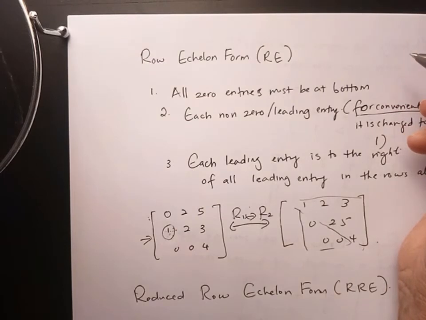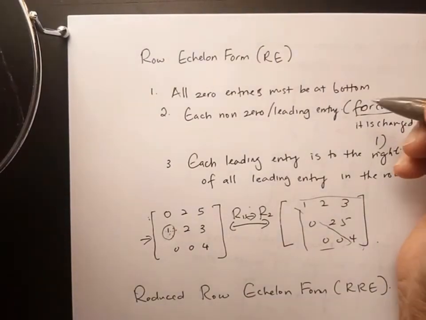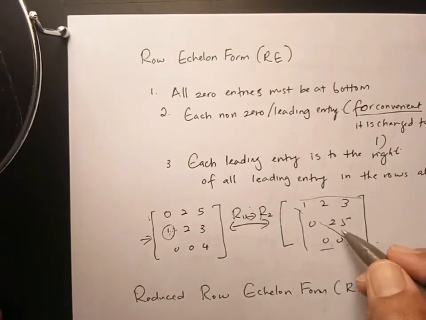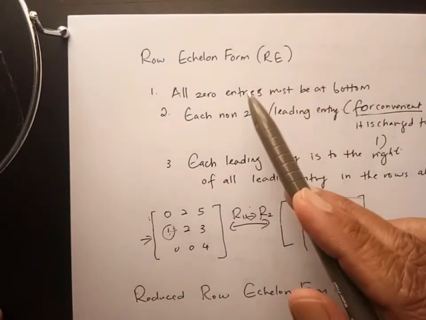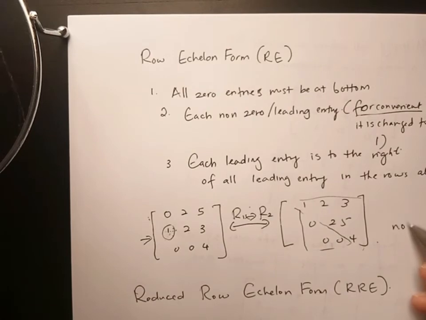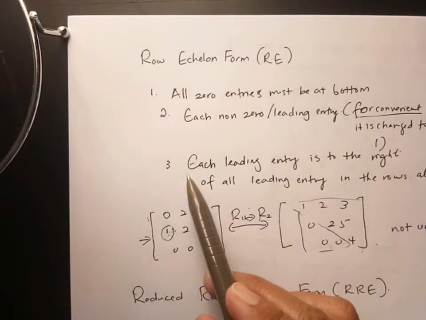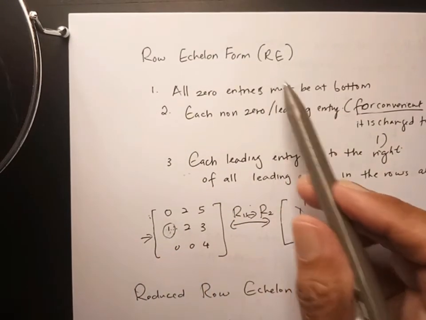Everybody is able to get a different matrix for row echelon form because it is not unique. As long as it follows the procedure set in each criteria here, it is called row echelon form.